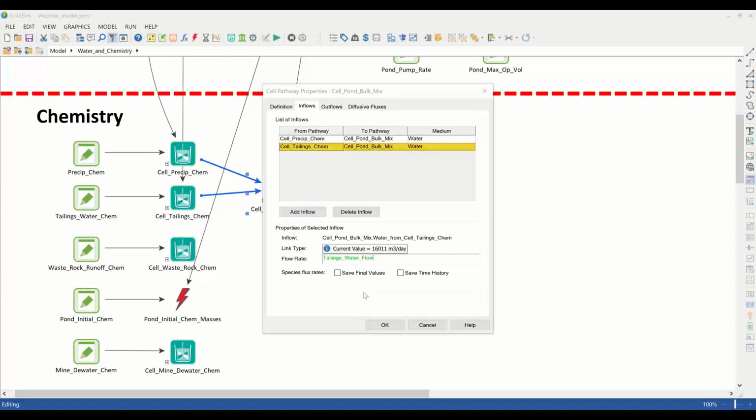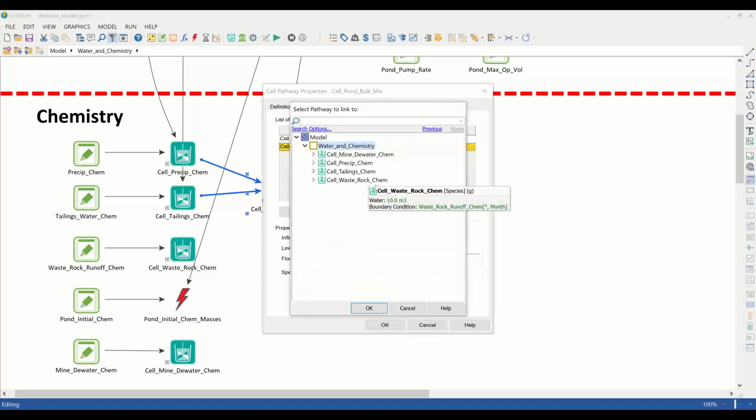This is how GoldSim calculates the mass or the chemical load coming into the pond and multiplies the flow rate times the chemistry that's contained in the cell called cell tailings chemistry, and adds that into the pond so it mixes with everything else which is in that pond. Finally, I'll add the flow that comes from the waste rock.